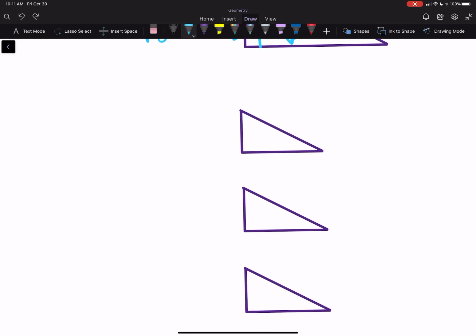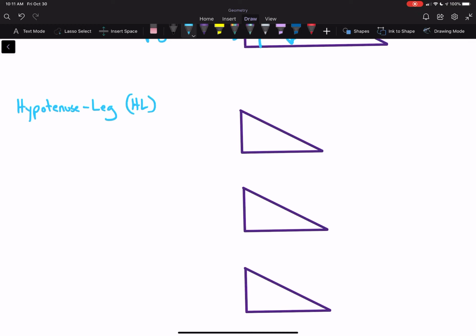So let's talk about the first one. First one is going to be called hypotenuse leg, or HL for short.